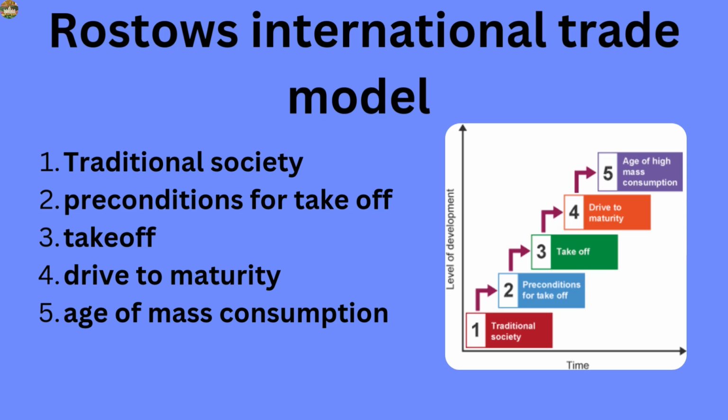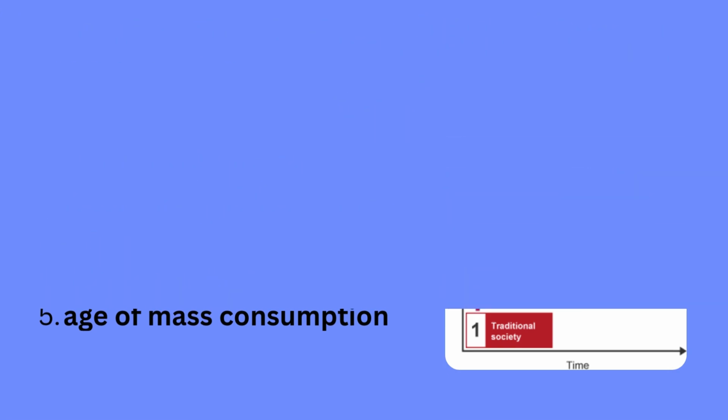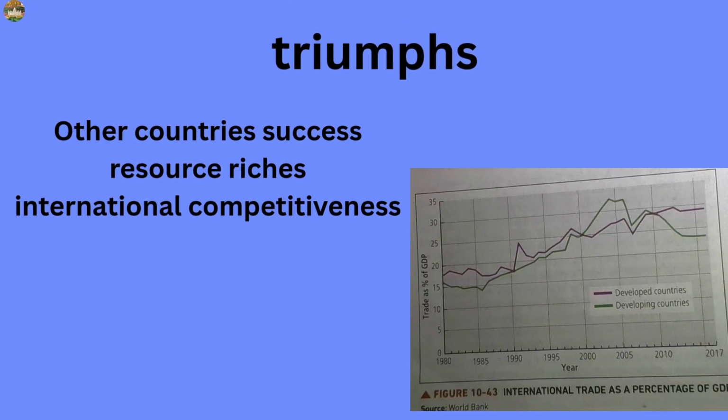In the fourth stage, the growth spreads to other industries, and workers become more skilled and specialized. In the fifth stage, industries shift from heavy industries such as steel or energy to consumer industries like motor vehicles or refrigerators. Trade increased faster than wealth in the late 20th century and early 21st century.